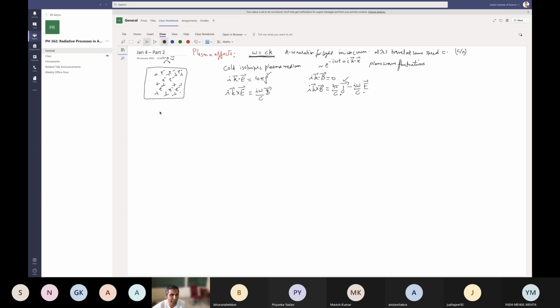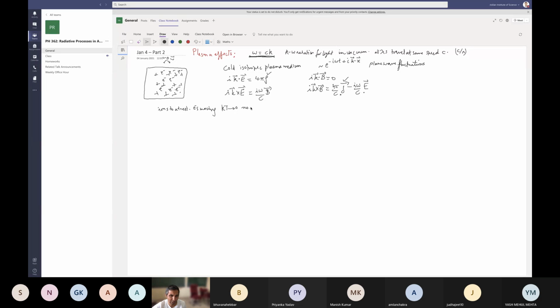We are considering ions to be at rest, and electrons are moving, but we are considering kT of both electrons and ions to be 0.